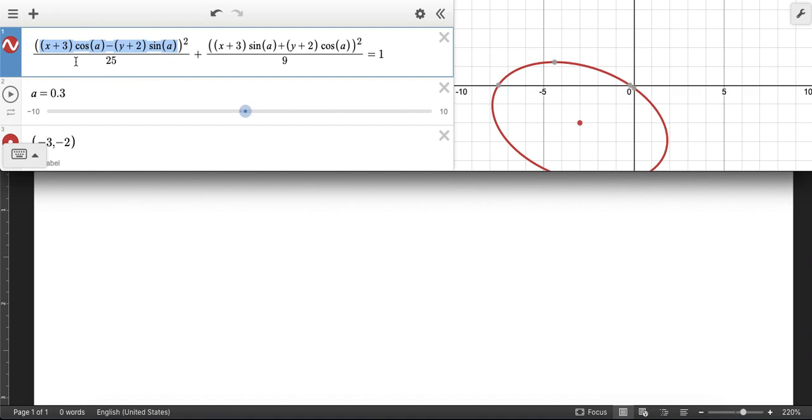Notice in this case, though, that we have both the x and the y in here. If I wanted this centered at -3, -2, with my x, I put +3, that'll shift it left 3, and then y +2, that'll shift it down 2. So notice there's not just x or just y in here, it's actually got both.